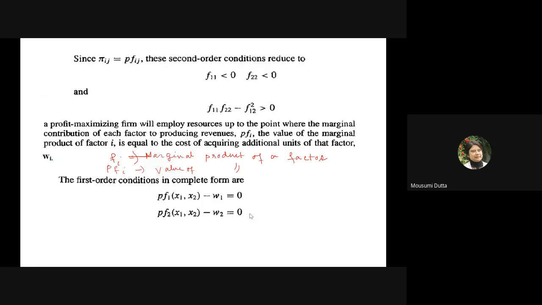These two implicit relations essentially have 5 unknowns. Okay, so if I look at these equations, there are 5 unknowns: x1, x2, their prices, and the commodity price. Under the right conditions, it is possible to solve for 2 of these values in terms of the other 3.